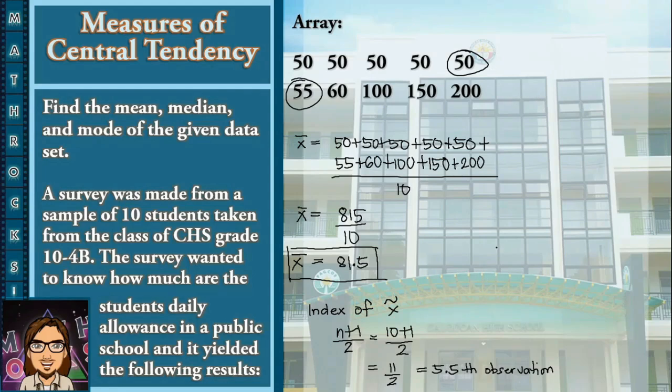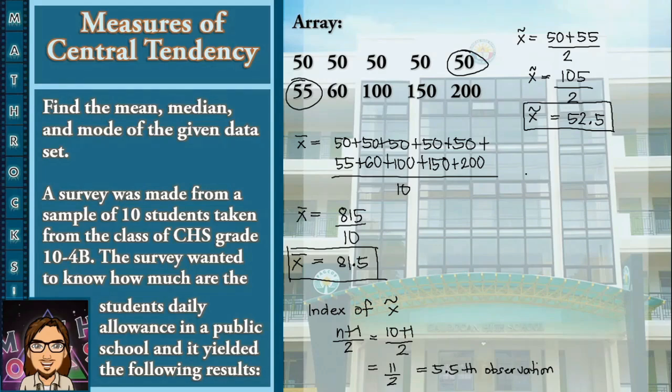Whenever it happens, we can calculate the value of the median by taking the average of those two numbers. It means adding these two numbers together and dividing by 2, which gives us 105 divided by 2, which actually gives us 52.5. And this will be the value of the median.